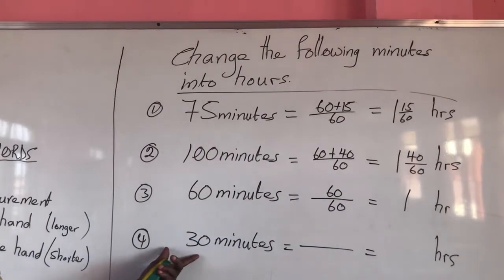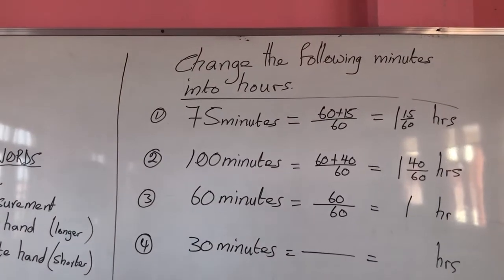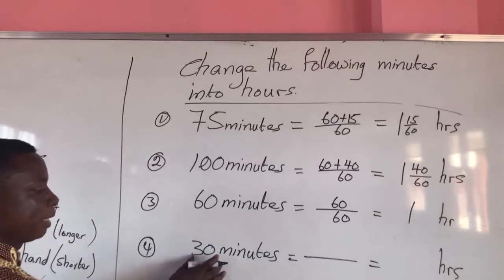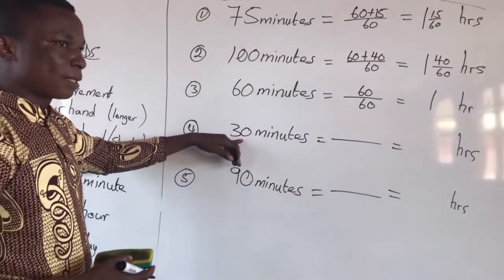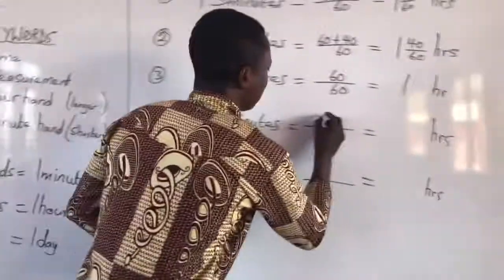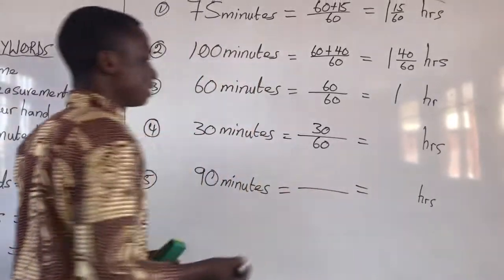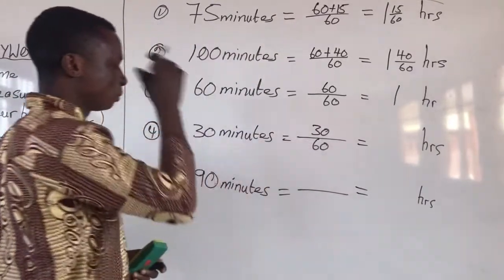The next one, 30 minutes. When the time is lesser than 60, you write it 30 over 60. You just write it like that. And you can reduce this down.